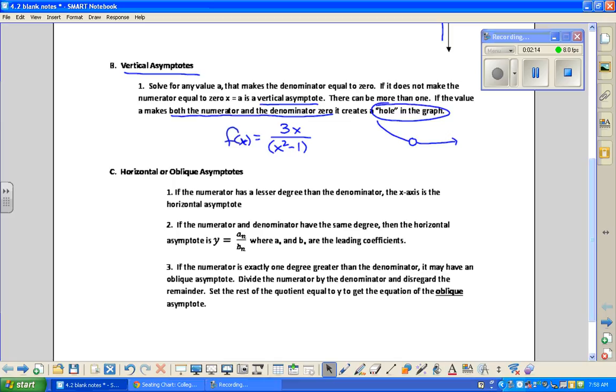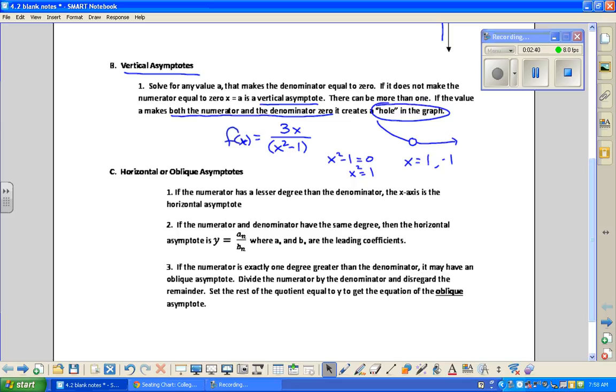What are the two places where the denominator equals 0? No, we add the 1, so which is going to be 1, negative 1. So there would be two vertical asymptotes in an example like that.